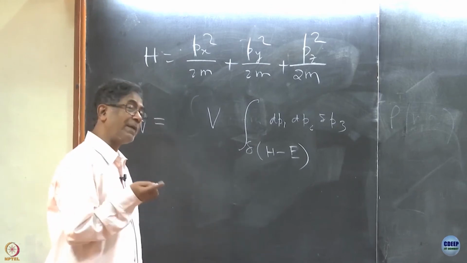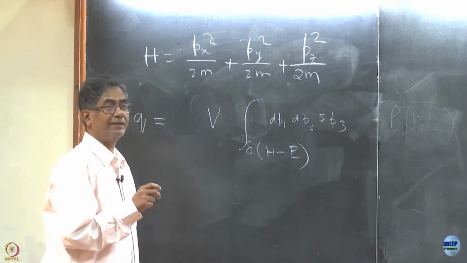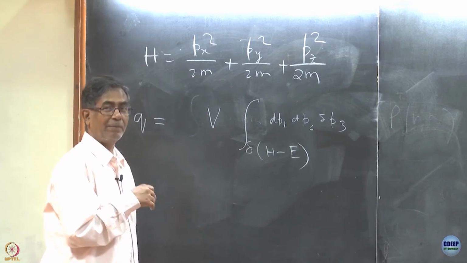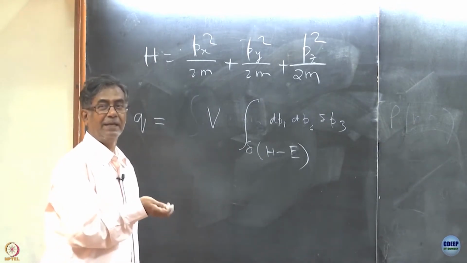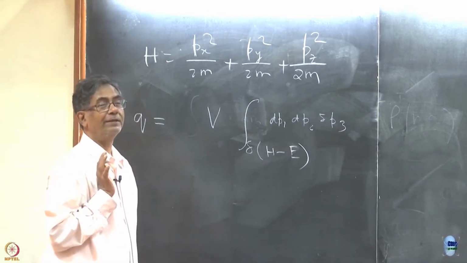So you see, it becomes trivial in the canonical partition function, because I just have a Gaussian integral, because I allow energy fluctuations in by bringing temperature. But on the constant energy surface, you can do it only numerically.